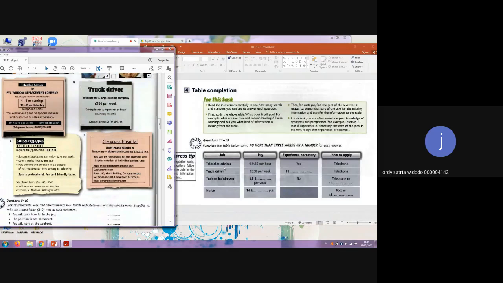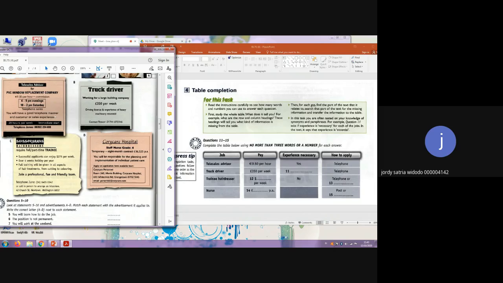Let's see the pay, because they are numbers 12, 14, 11, 13, and 15. So we need to fill them in based on the advertisements provided in the test book.